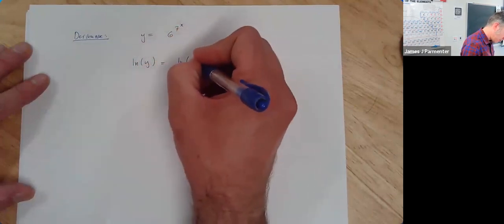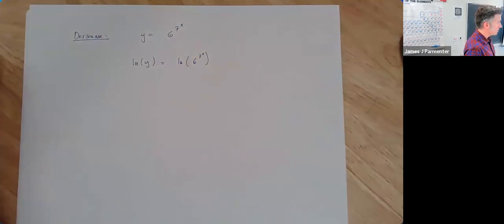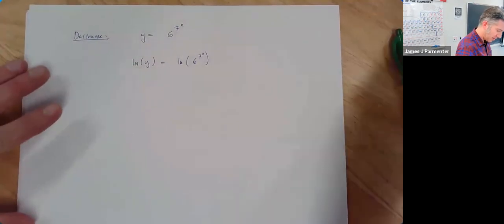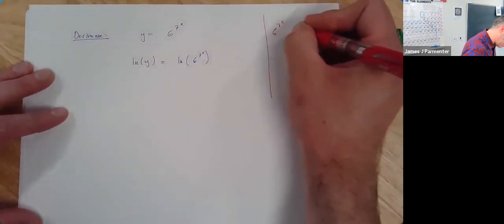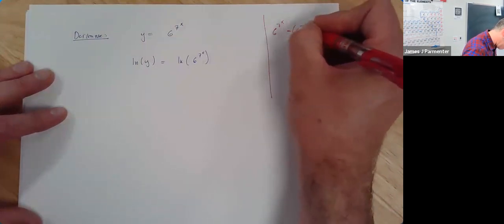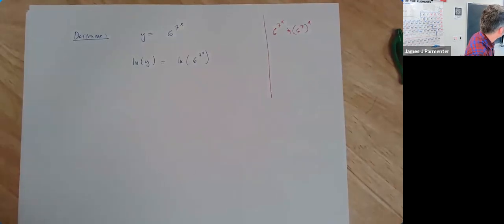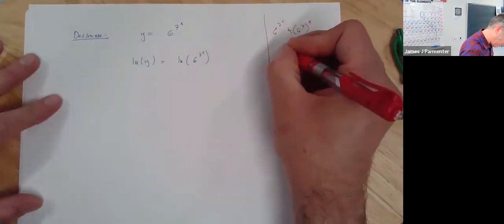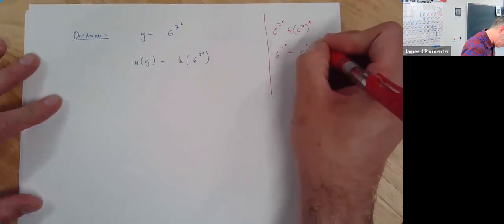And I should point out, 6 to the 7 to the x is not the same as, oh yeah, this is one that always gets people riled up, 6 to the 7 to the x is not the same as 6 to the 7, to the x. They're not equal to each other. 6 to the 7 to the x, if you don't write any parentheses, means 6 to the parentheses 7 to the x.